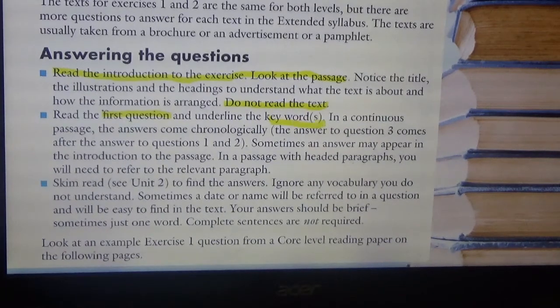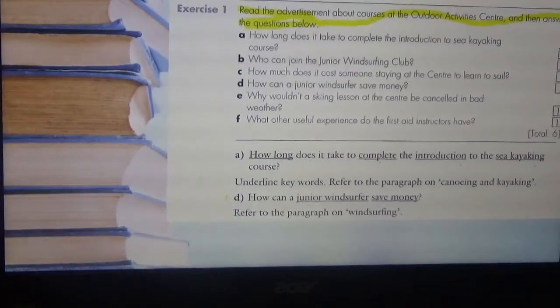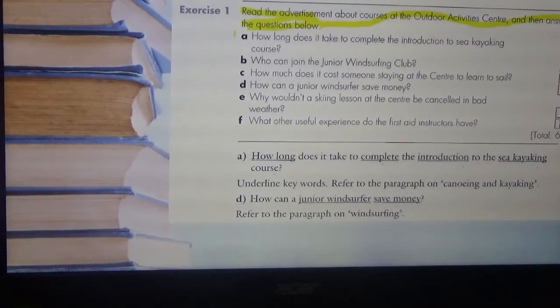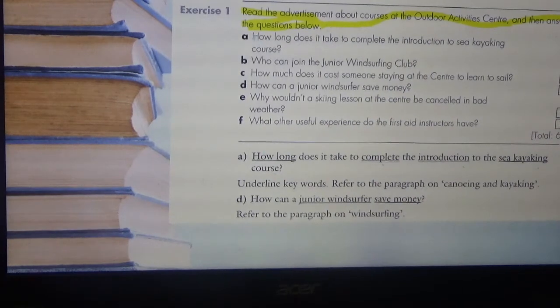Let's try to do it. Now see here. The first question is, how long does it take to complete the introduction to sea kayaking courses?